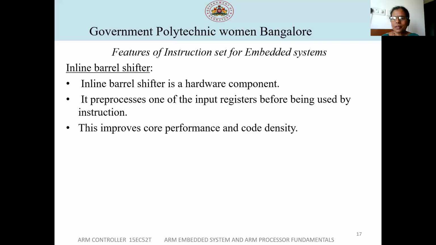For any operation, we need two operands. One operand is directly given to the ALU. The second operand is pre-processed, then it is given to the ALU. So this feature improves the core performance and code density. What is a barrel shifter, and how many operations it performs, we'll study in the later sessions.